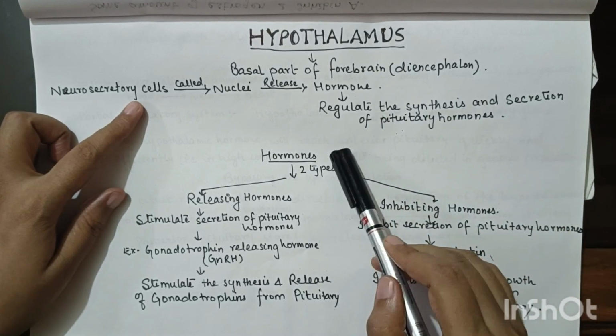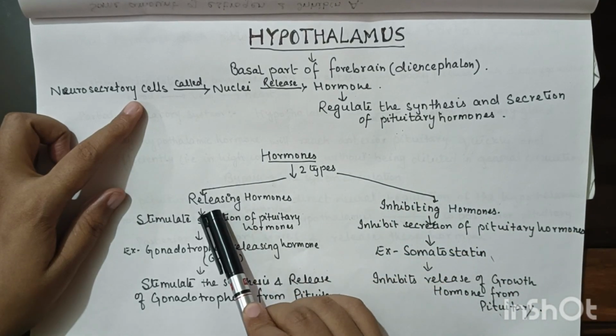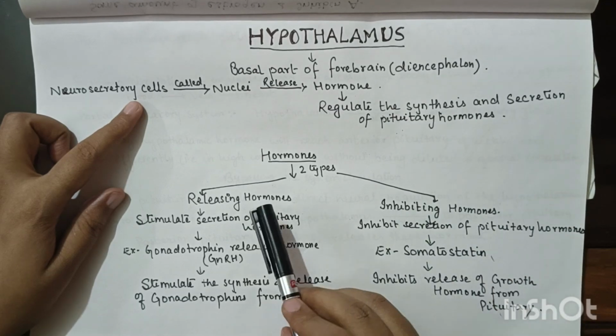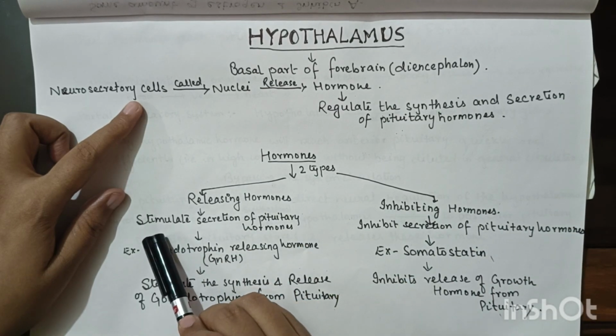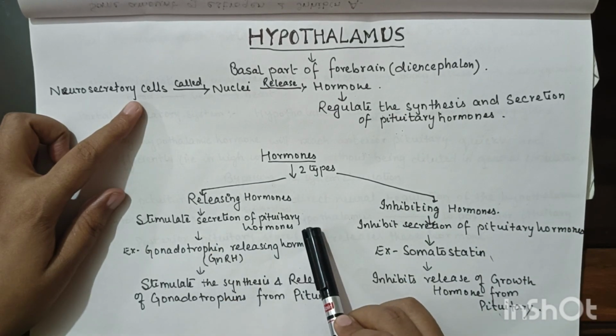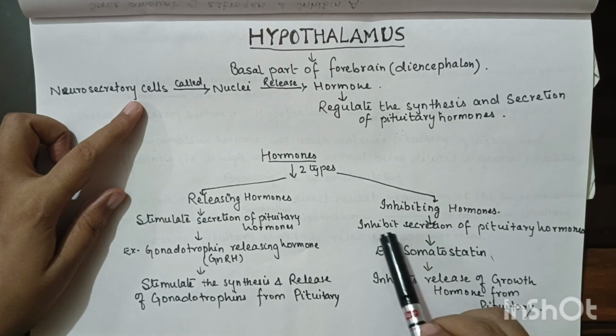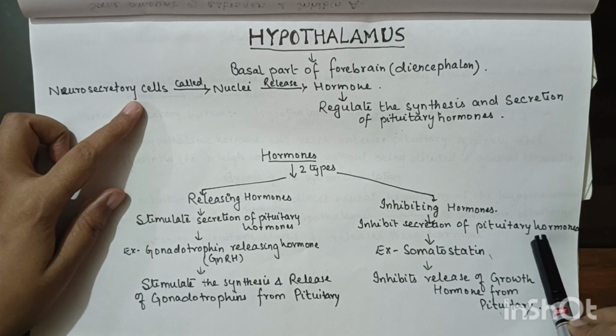Hypothalamus will release two types of hormones, releasing hormones and inhibiting hormones. The releasing hormones will stimulate the secretion of pituitary hormones, whereas the inhibiting hormones will inhibit the secretion of pituitary hormones.